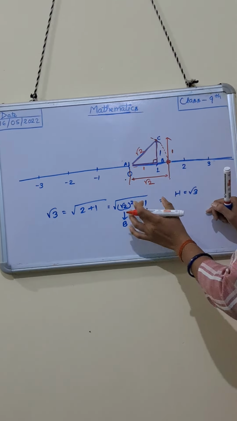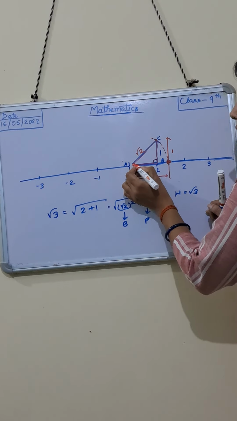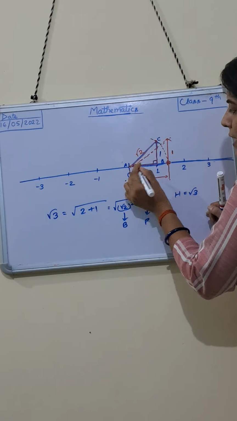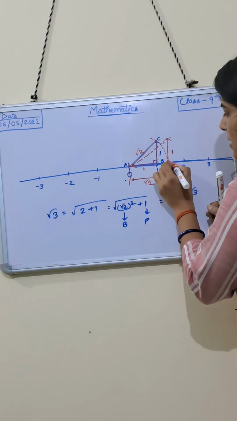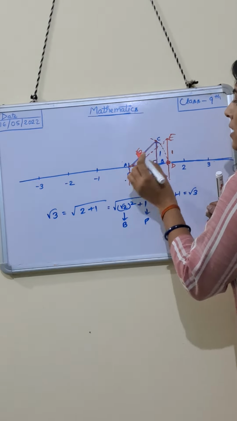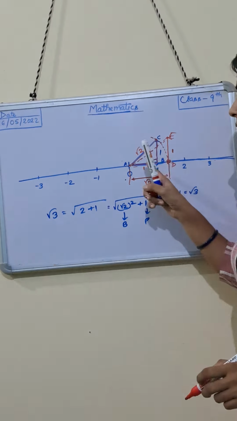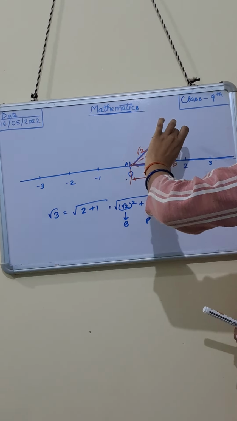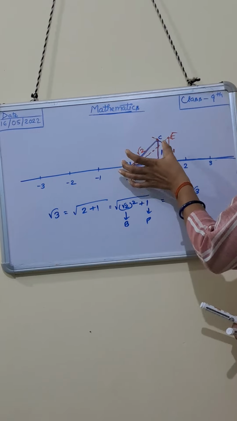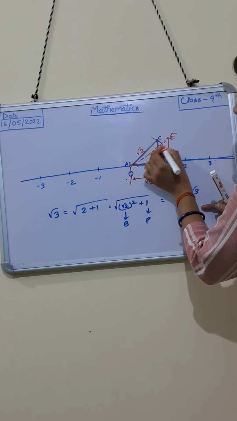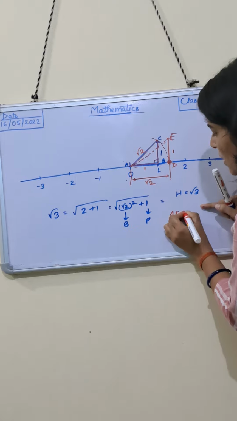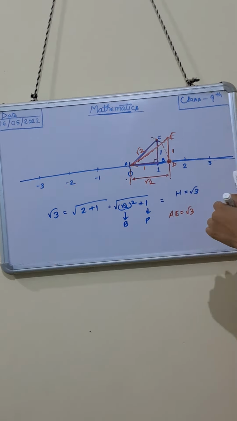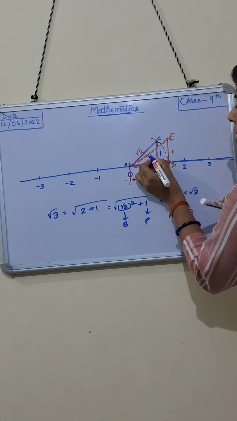Now this triangle is also a right angle triangle A, D and E. This is now a new right angle triangle, in which the base is under root 2 and the perpendicular is 1. So what will AE be? AE will be nothing but under root 3. This will be our under root 3.